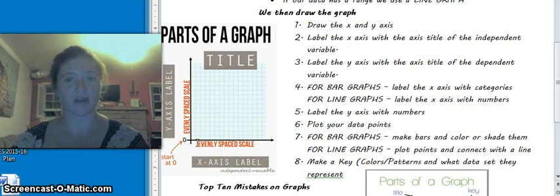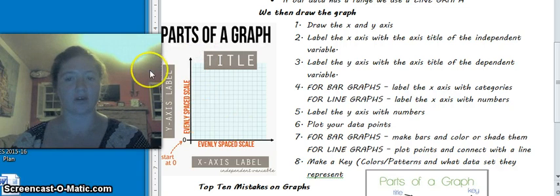So for example, if I was looking at temperature and how well the plant grew, I would put 0 degrees and go all the way up to 80, 90 degrees so that I had a scale. Alright, then what you want to do is label the y-axis, and the y-axis is always with numbers. We always do a range on the y-axis for our dependent variable.